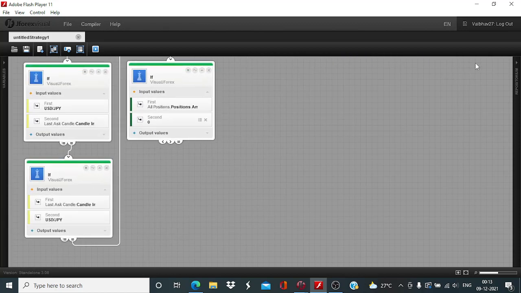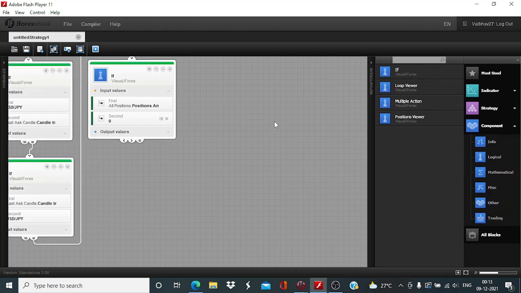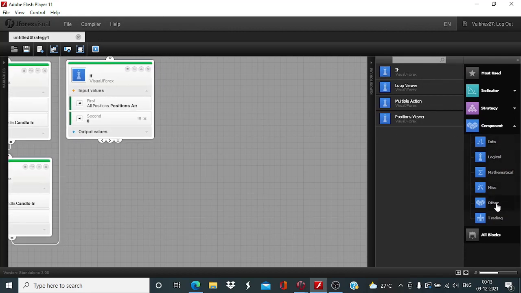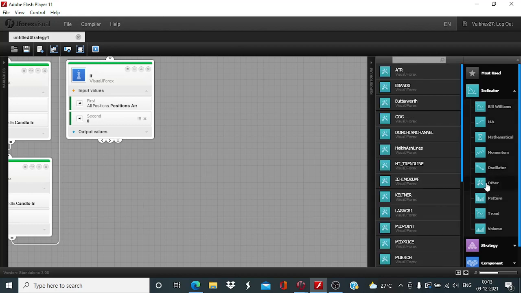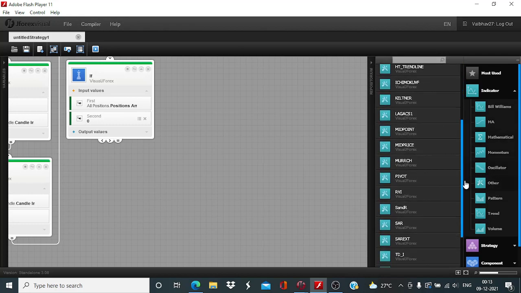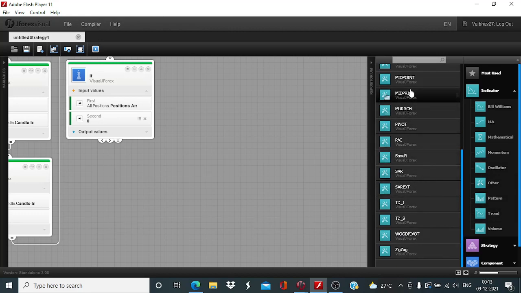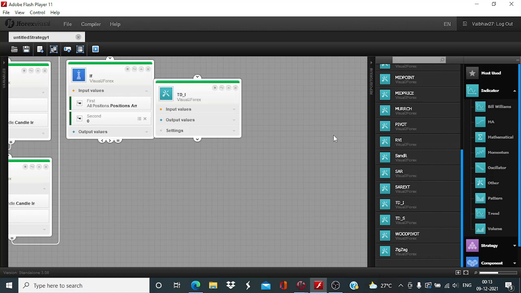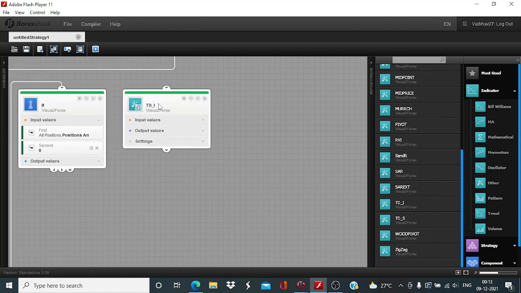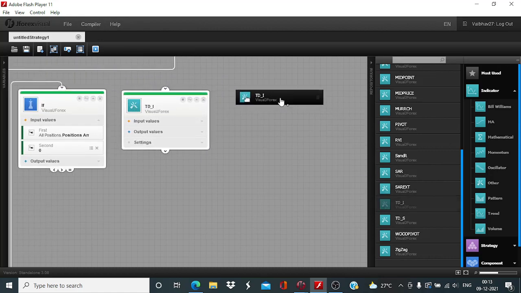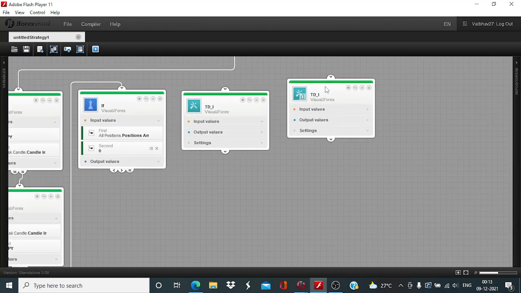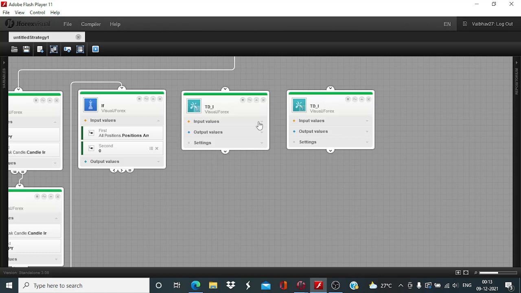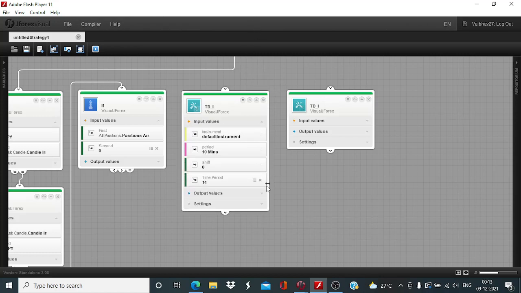And after this, we will get the DeMark indicator block, which you will find listed amongst the indicators. We are going to need two of these to compare the changes in output of the TDI.